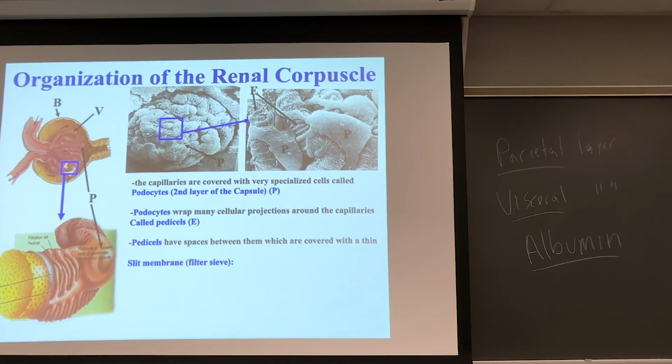So here's a couple pictures of the podocytes, and these are fantastic images here. These are SEM images that show the inside of a renal corpuscle. And so this is the ball of glomeruli. And the thing is, when you're looking at this picture, you can't see the capillaries. They're completely covered or surrounded by the podocytes.